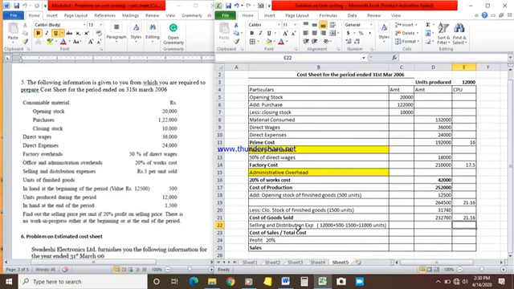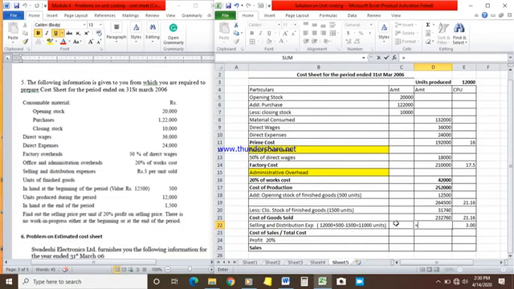So the selling and distribution expense is given as 3 per unit sold. So since already the cost per unit is given for us, I'll write 3 rupees. So this 3 rupees is going to be multiplied with the number of units sold. So that is 12,000 units manufactured, 500 is the opening stock of finished goods, 1,500 is the closing stock of finished goods.